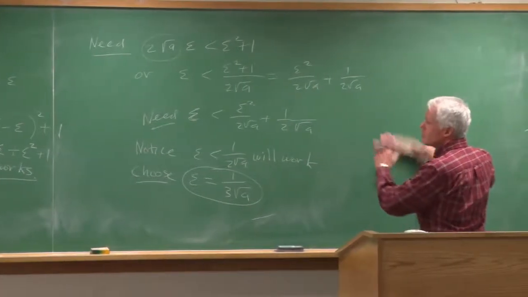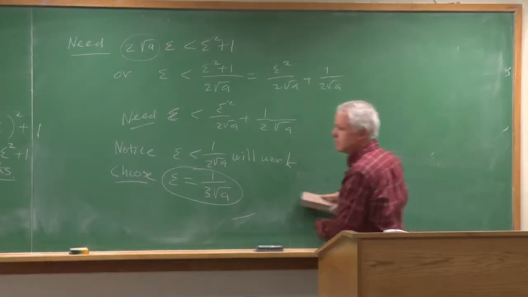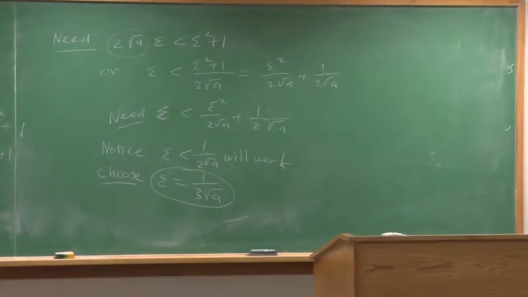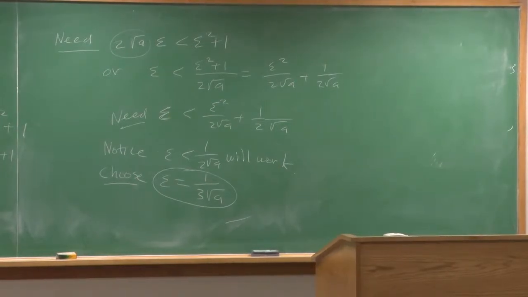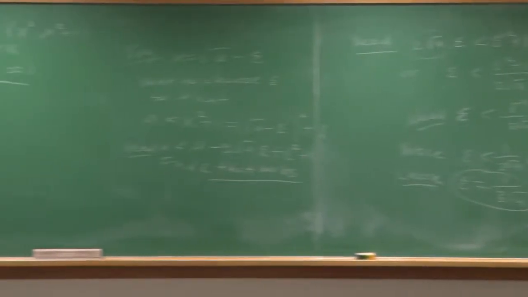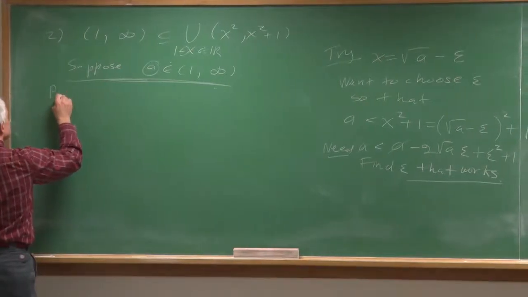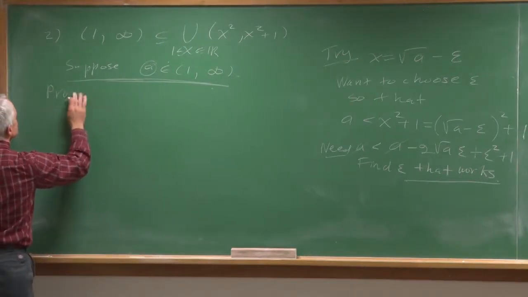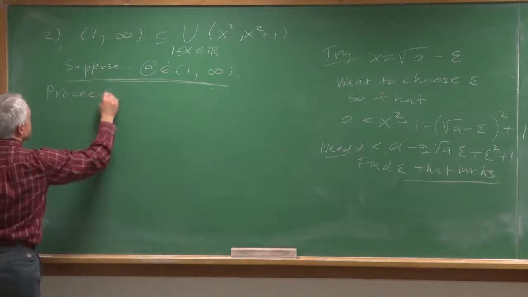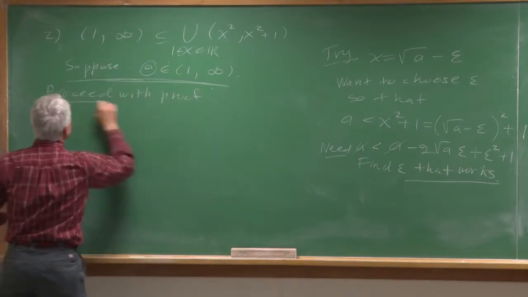Okay, so that was all scratch work. Then I'm supposed to proceed with my proof. Okay, we hope it's going to work. So let's see. So now finishing the proof. Okay.